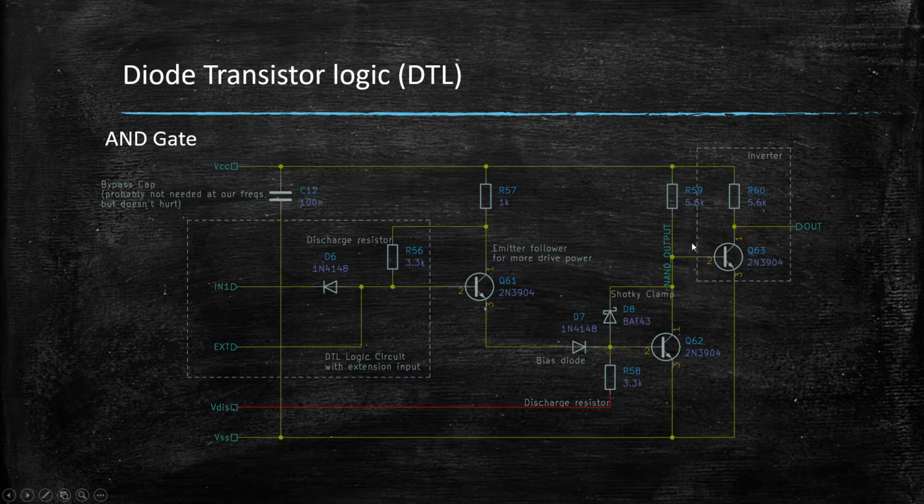And as you see, this is basically our switch, which will generate an AND output. However, you see that little BAT43 Schottky diode here on the base coming to our collector. And that is what is called a Baker clamp. What this is doing is basically pulling up our input a little bit so that it's just the Schottky diode forward voltage below our input, which means our transistor here never really goes into full saturation.